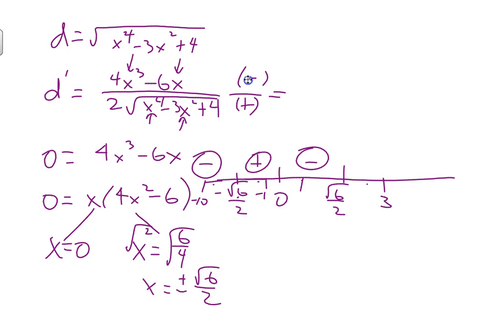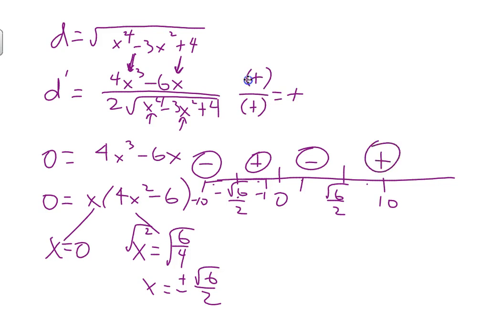Actually, let's pick a nice big number like 10. If I plug a 10 in, I would get 4,000 minus 60, which would be positive on the top, and positive on the bottom, so that must be positive, correct?